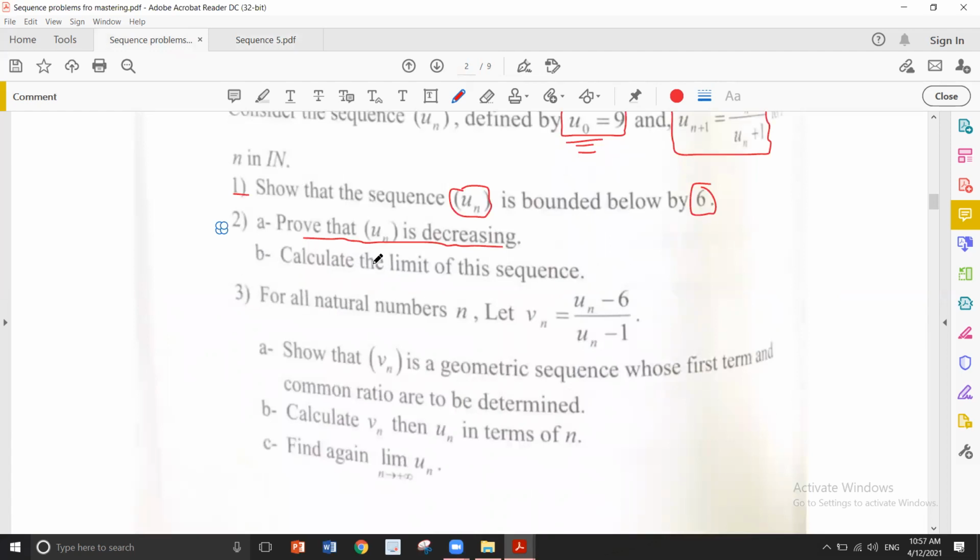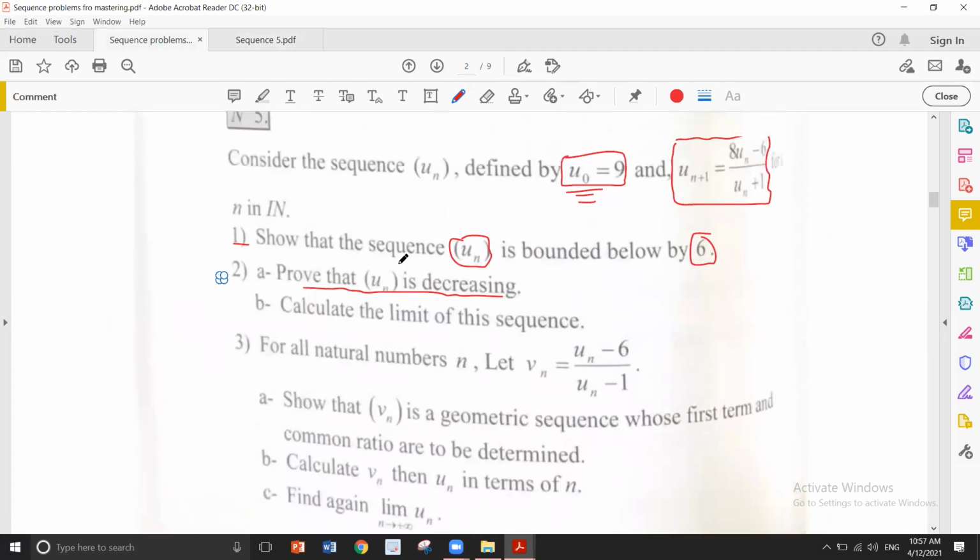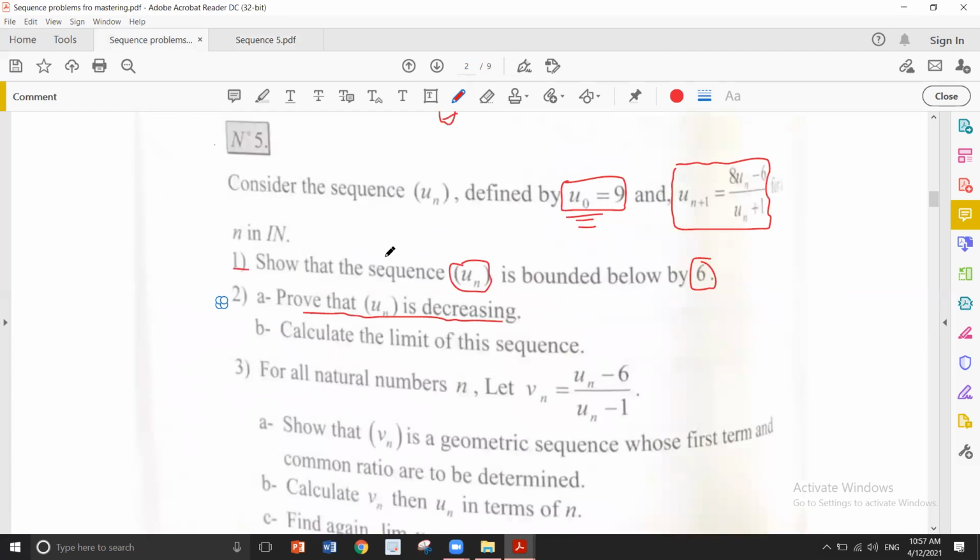Calculate the limit of this sequence. How to calculate the limit of this sequence? Normal limit as x tends to plus infinity.